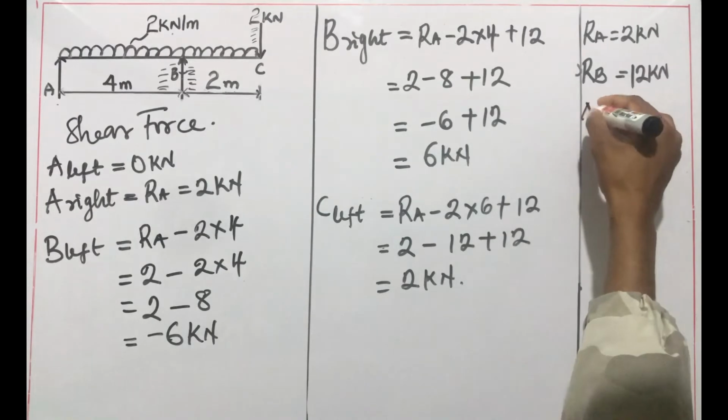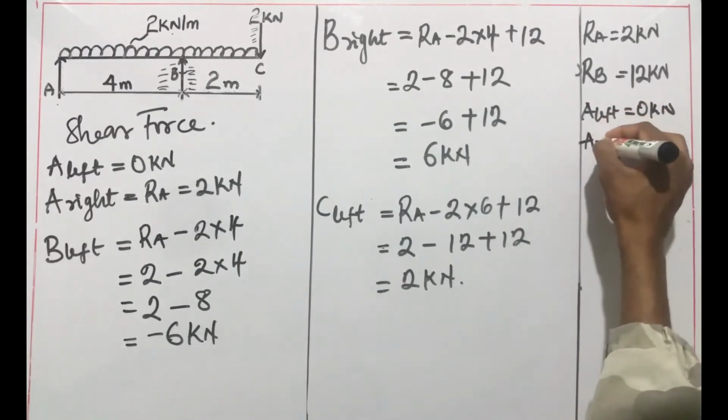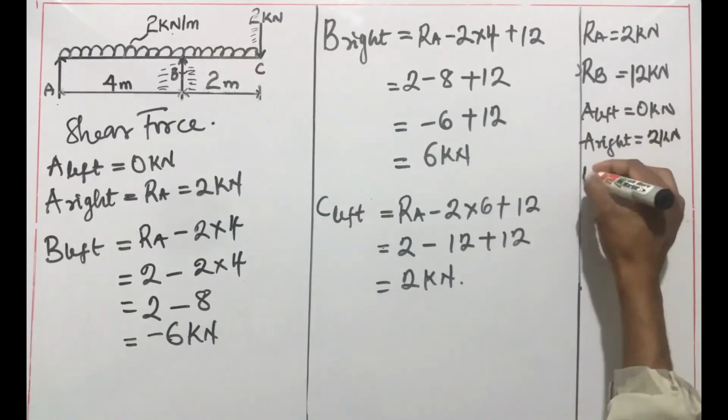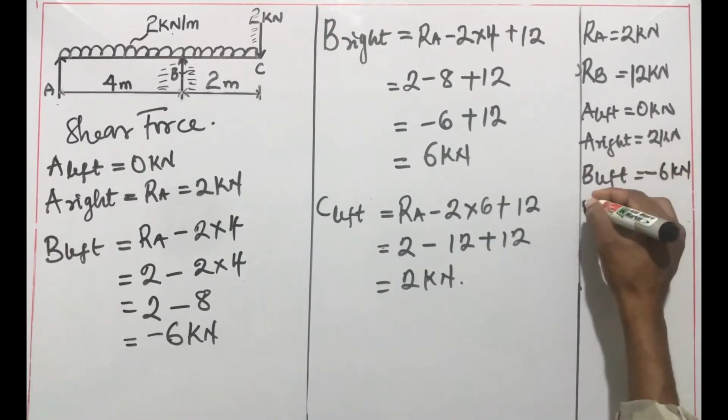We have our shear force at C left to be 2 kilonewton. So I'm just quickly going to write down these values.